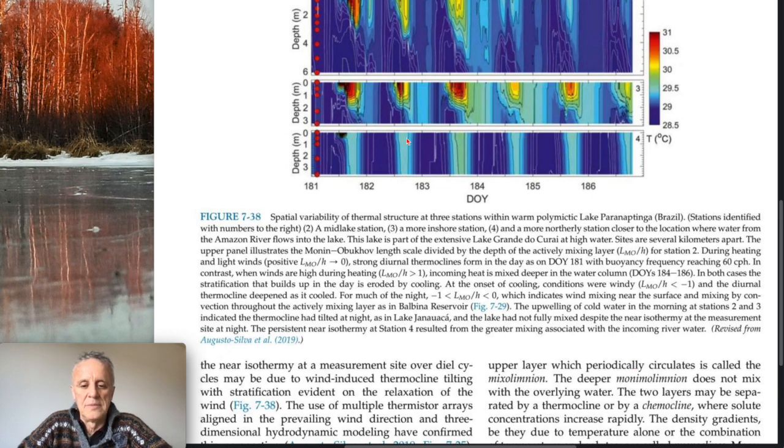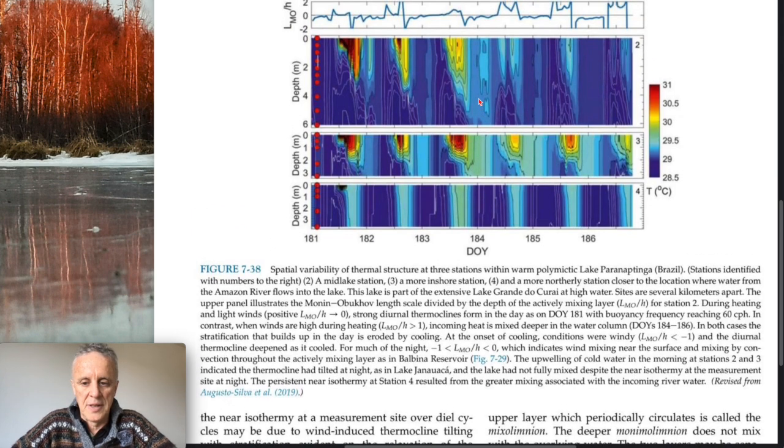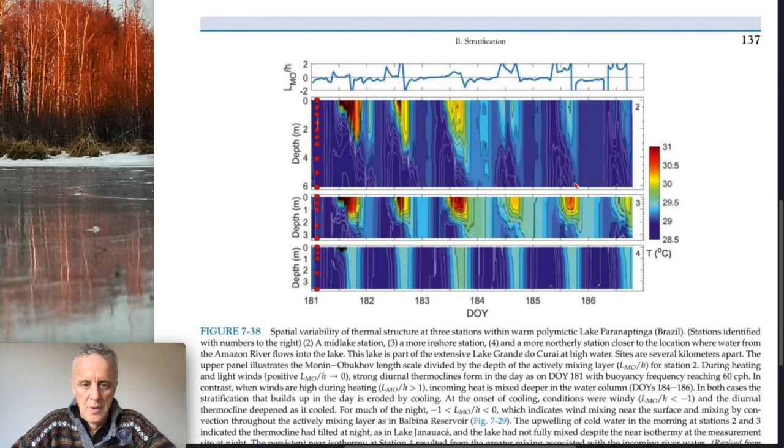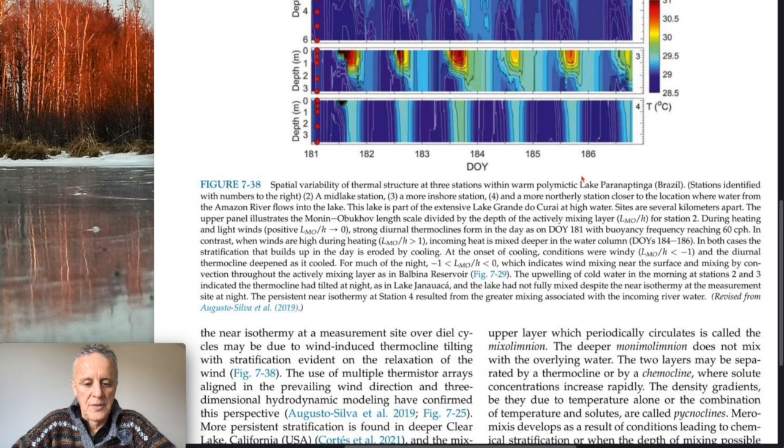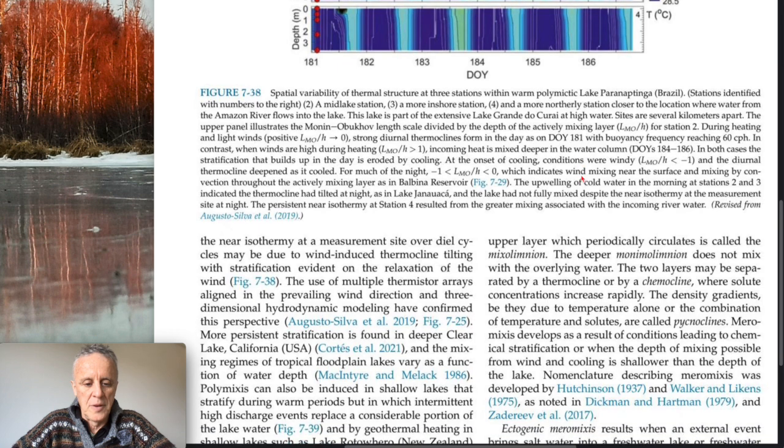So here, what they're saying is that we have really good isothermy because that station is heavily influenced by the incoming temperature of the water coming in from the Amazon River, where it's not the case for station number 2 and 3. So that's pretty much what's going on here.